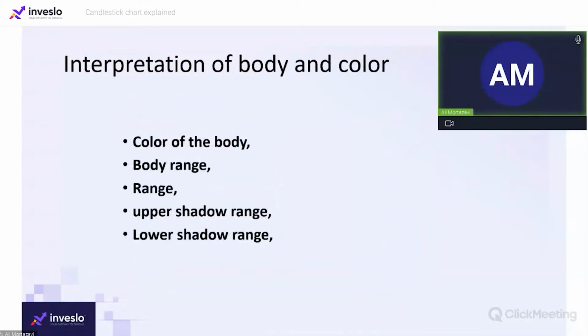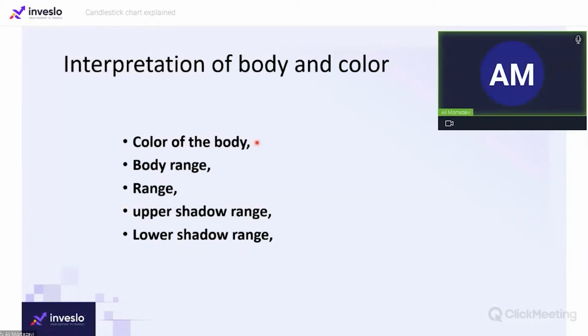Okay, if we want to get into more detail, for the interpretation of the body and color of each candlestick, we can have all of these five components. First of all, it's the color of the body.